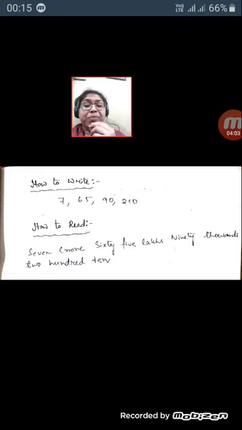It will be 7 crore 65 lakhs 90,210. So this is the concept of writing and reading a Hindu Arabic numeration.